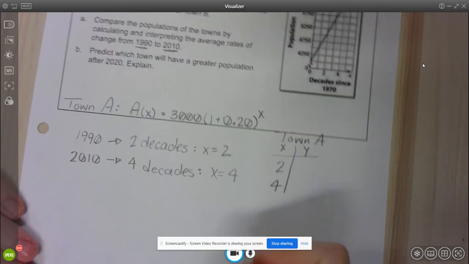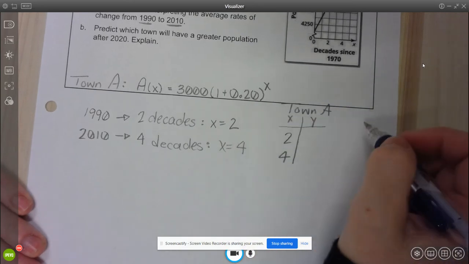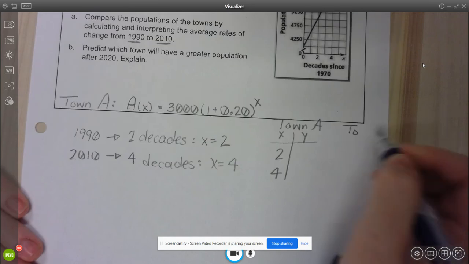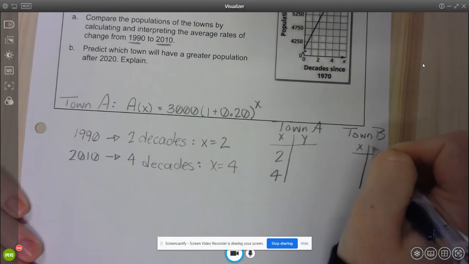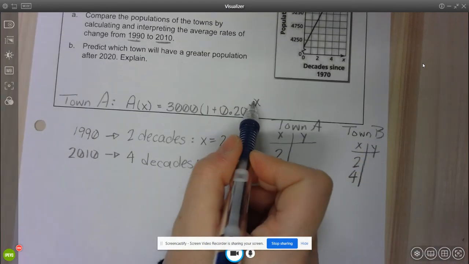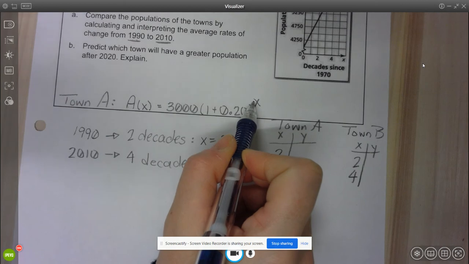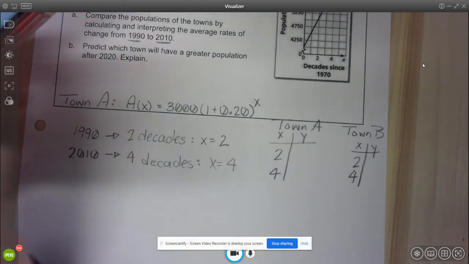And then I'm going to do the same thing down here. Actually, I'll do it next to it so we have some space. So for town A, I'm going to substitute into my exponent the values of 2 and 4. So I'm going to grab my calculator.